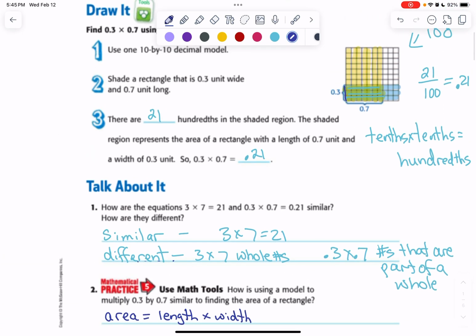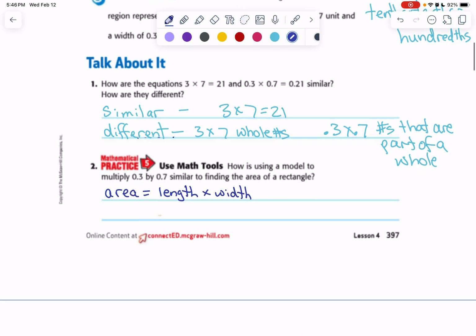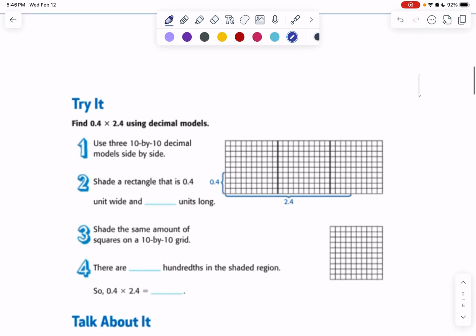We did 3 times 7 to find the area of this rectangle right here, okay? So the only difference really is that we're finding the area of part of a whole. So we are doing the same exact thing, finding the area of part of a whole.